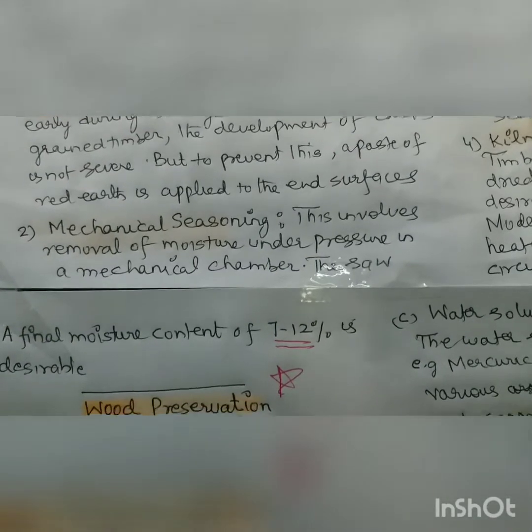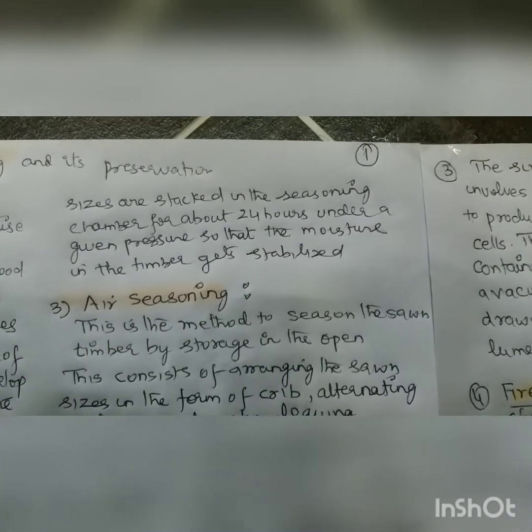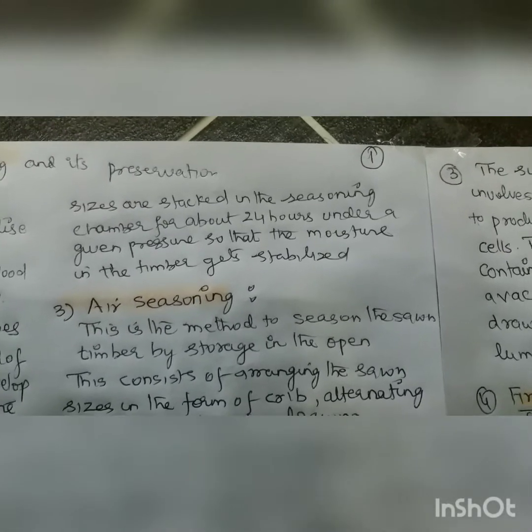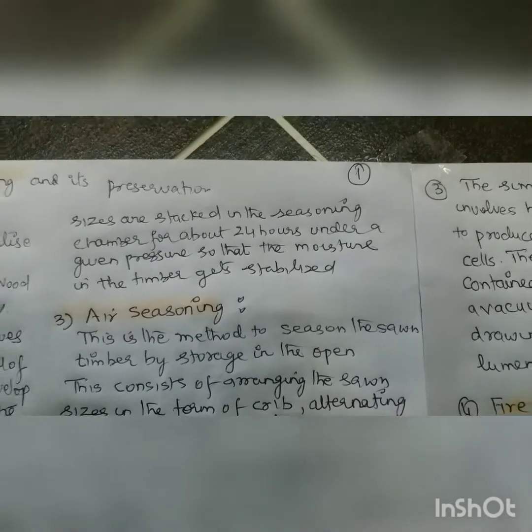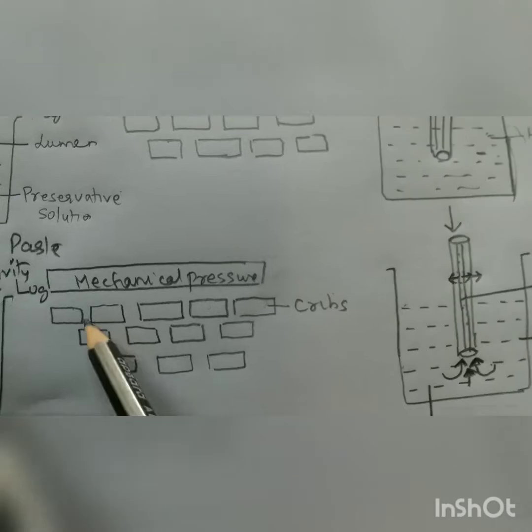And the second process is mechanical seasoning. This involves the removal of moisture under pressure in mechanical chambers. The sawn sizes are stocked in the seasoning chamber for 24 hours under the given mechanical pressure, so the moisture in the timber gets stabilized. See, these are the sawn size timbers and they are arranged in this manner, alternately.